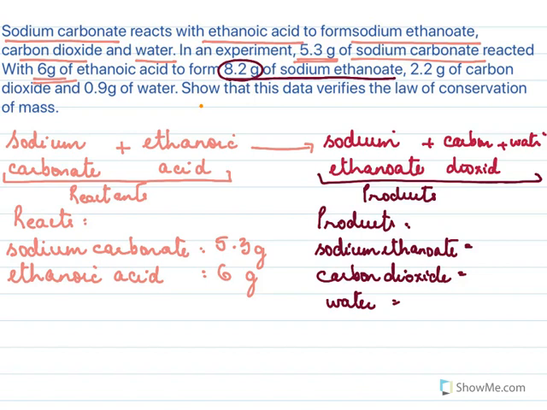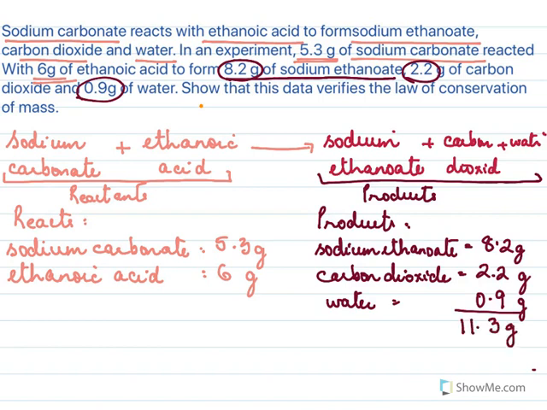Let us find the mass of each. So sodium ethanoate is 8.2 gram, carbon dioxide is 2.2 gram, and water is 0.9 grams. If you add up this, we will get here 13.3 gram. So this is mass of products. And the mass of reactants, we add up the mass of reactants, here too we get 11.3 gram.